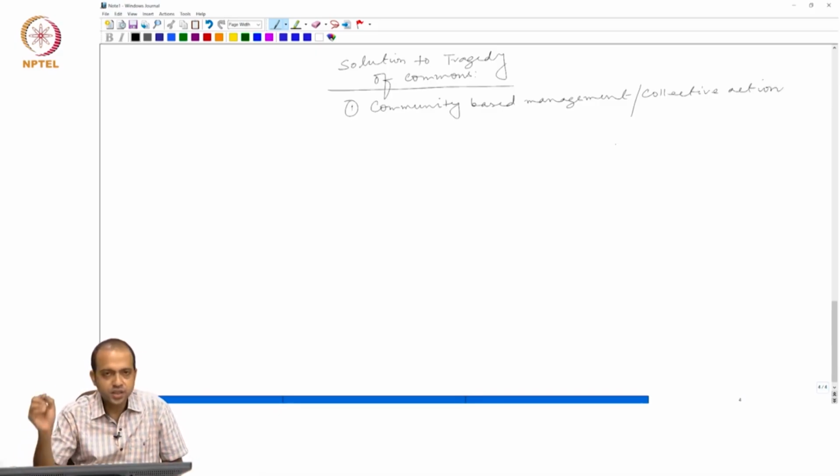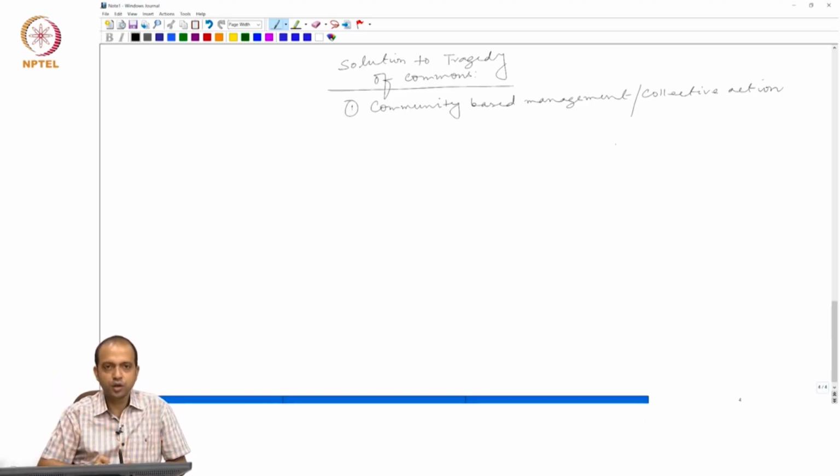This is basically suggested by the famous economist Elinor Ostrom, and she got a Nobel Prize also for suggesting this collective action framework for governing the commons. Okay? For a better governance in the context of this type of common pool resource was first introduced by Elinor Ostrom, and she got a Nobel Prize in this particular context.